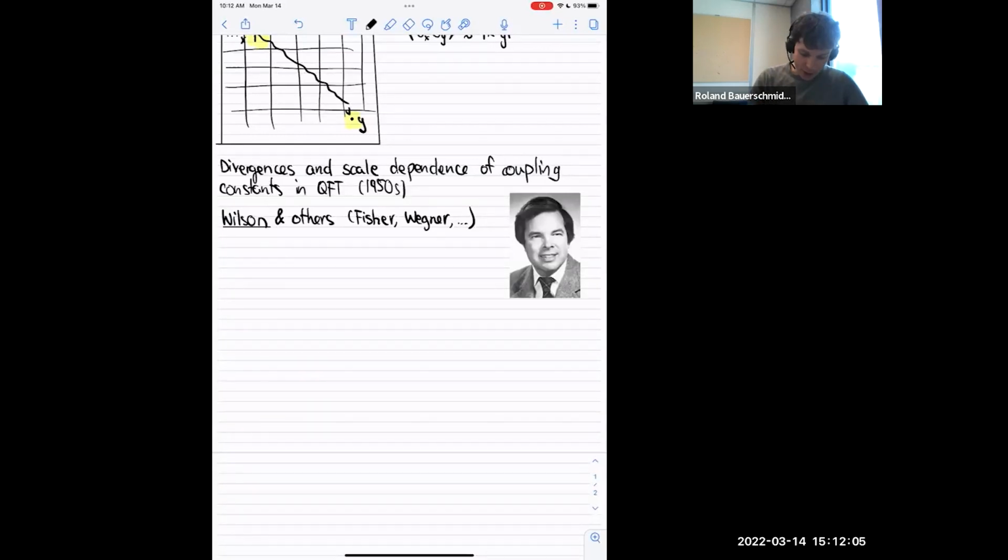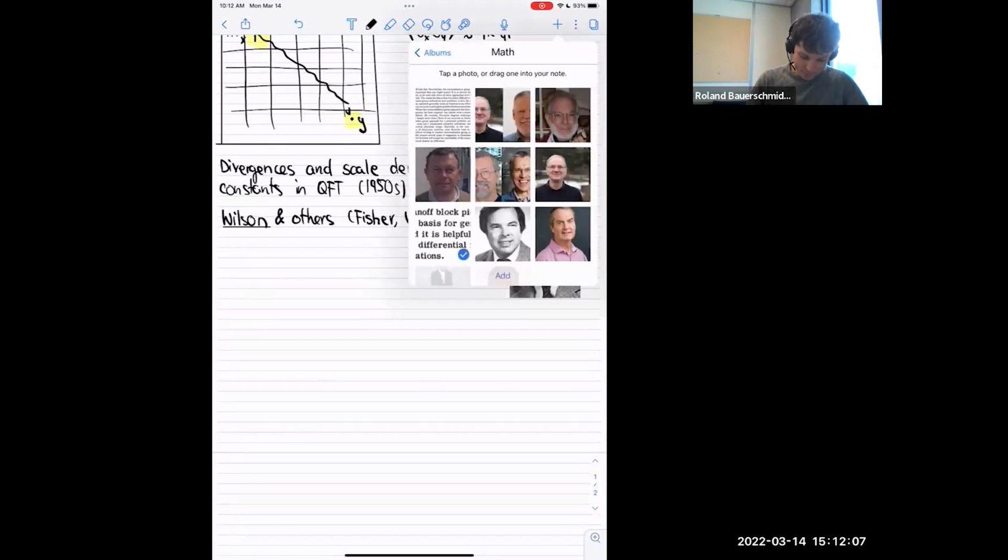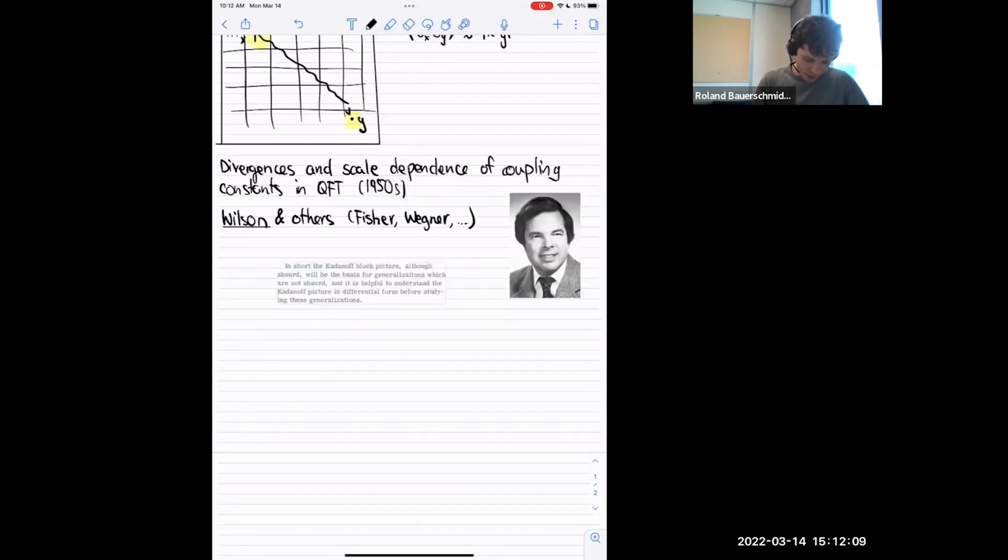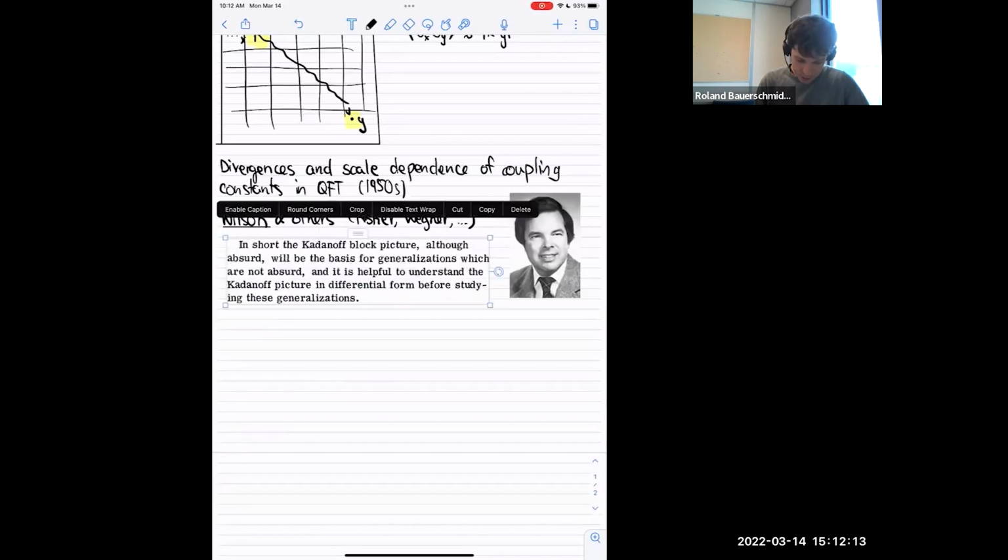I like the following quote, in one of the earlier papers on the subject, how he described the block spin picture. In short, the Kadanoff block spin picture, although approximate, will be the basis for generalizations which are not approximate.